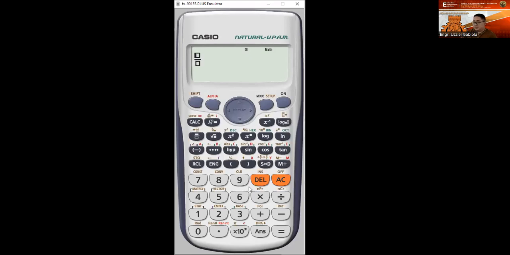So, write nyo lang 9 factorial. Tapos times 4 times negative 5 raised to 5 all over yung 5 raised to 4 natin. Tapos 2 raised to 5. Sorry.